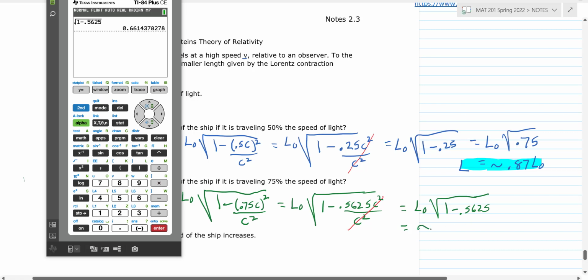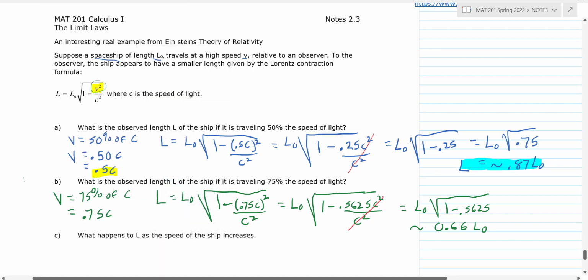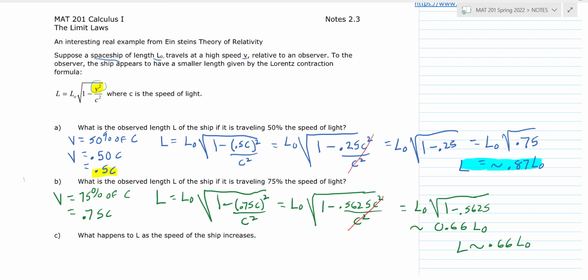So this is about L naught times, and let's just write this like this. So it's approximately 0.66 L naught. So it's contracted further. So if you look at these results right here, the second result is L is approximately 0.66 L naught.